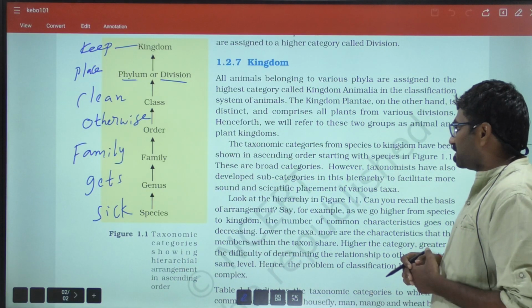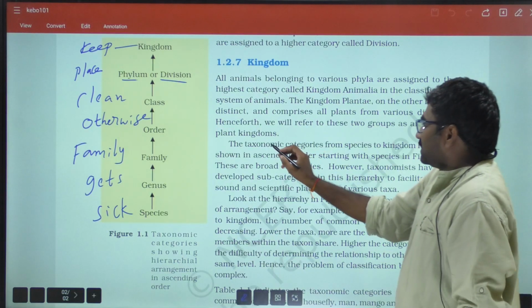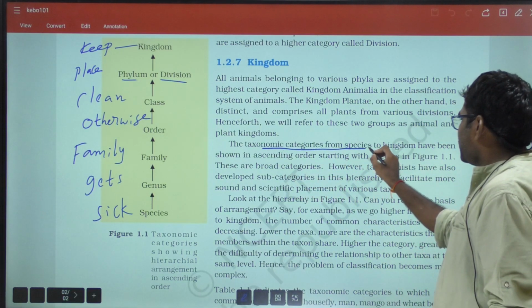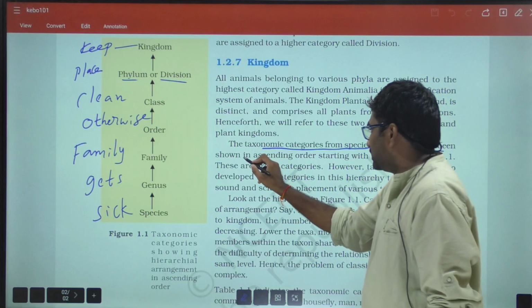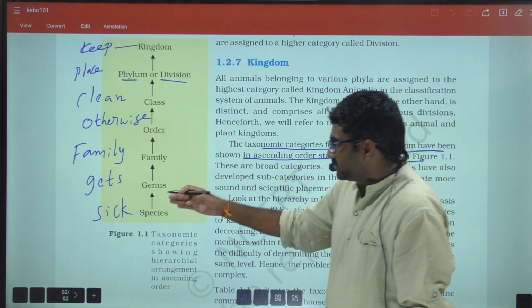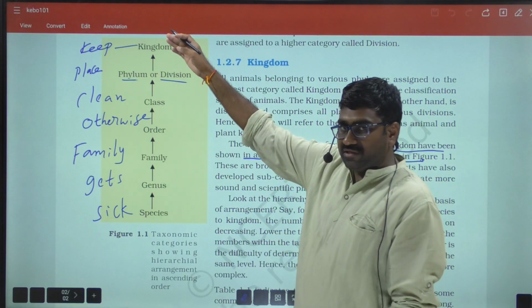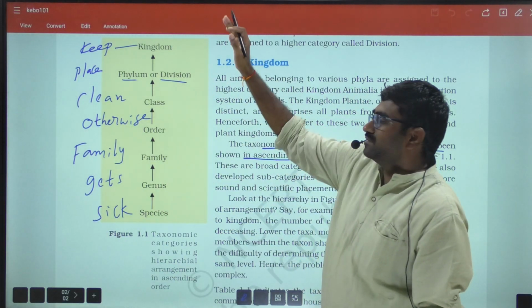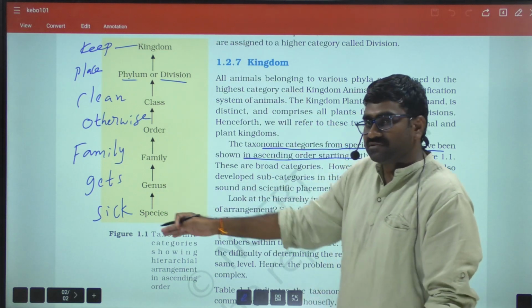And here the most important thing is that the taxonomic categories from species to kingdom have been shown in ascending order, starting with species. In the descending order, it is kingdom to species.